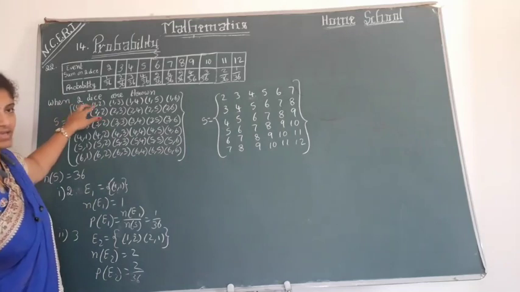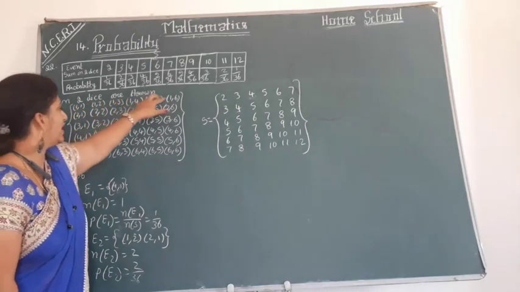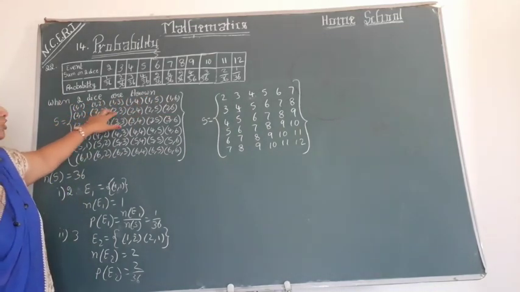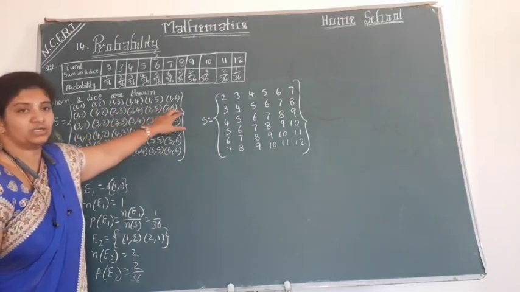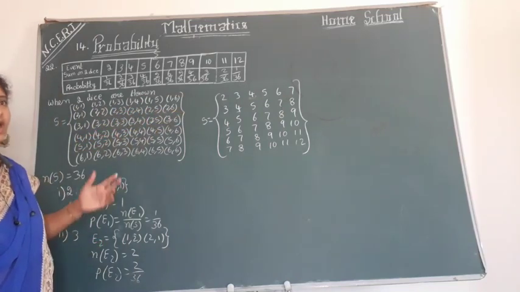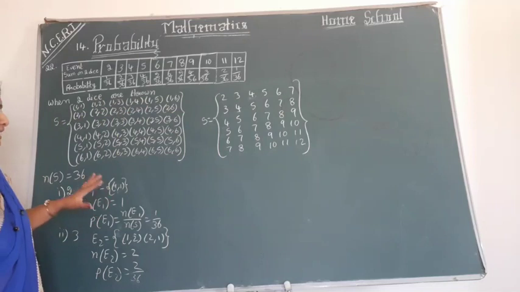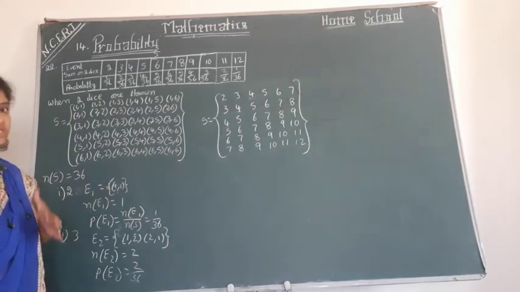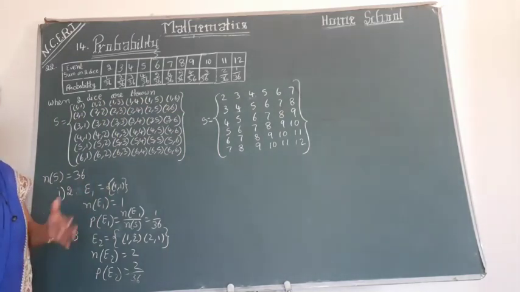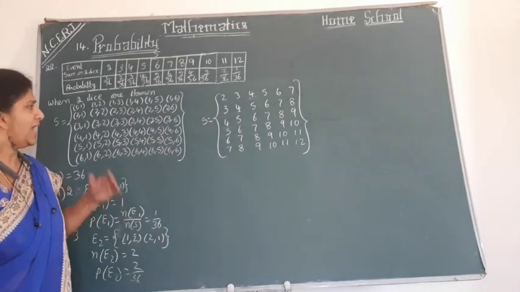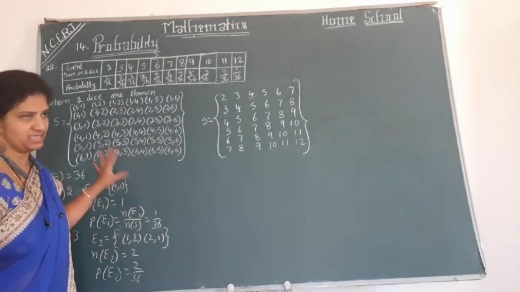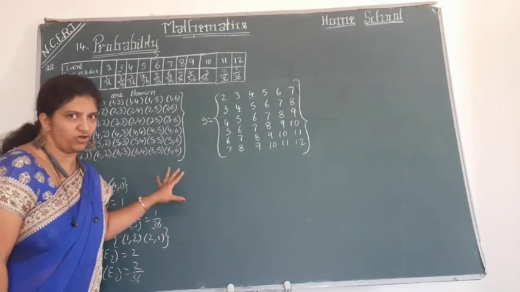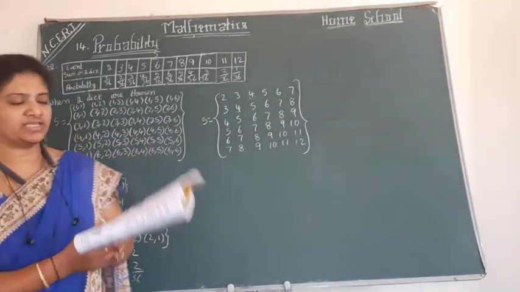The ones are 1, 2, 3, 4, 5, 6, then 2, 4, 6, 8, 10, 12, like this you are going to write. Then your event questions will be, what is the probability of divisible by 2, divisible by 3, divisible by 4, they may ask. In any problem, the technique is the same. I think it is followed, children. So let's move to the next problem.